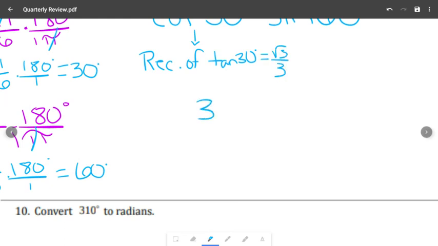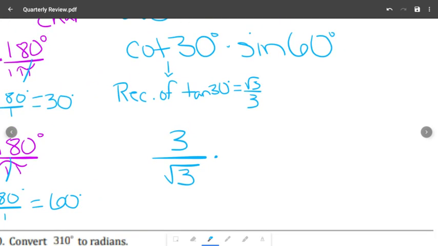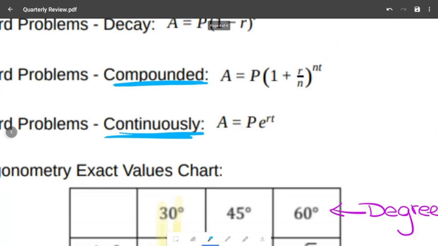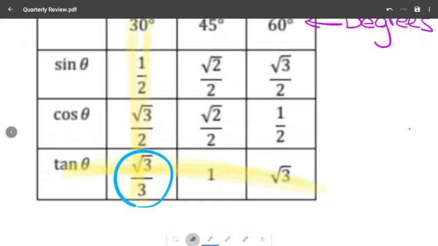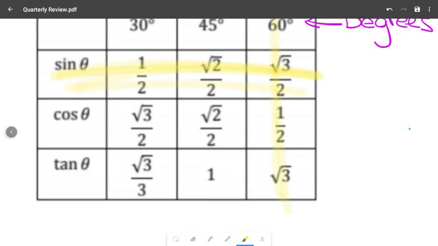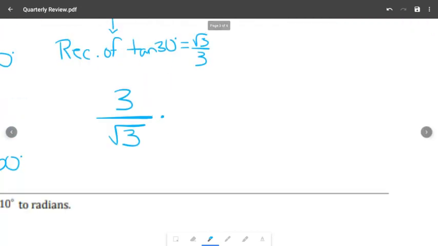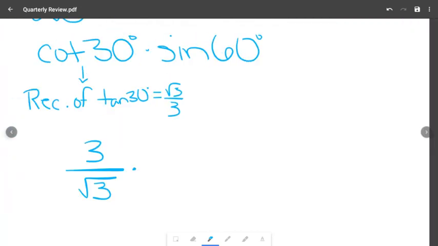So cotangent, we are going to flip it and make it 3 over radical 3. Next, we have sine of 60. So sine of 60, we have a radical 3 over 2. No need to flip that one, so we just leave it.